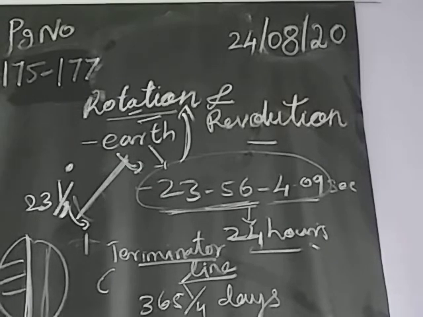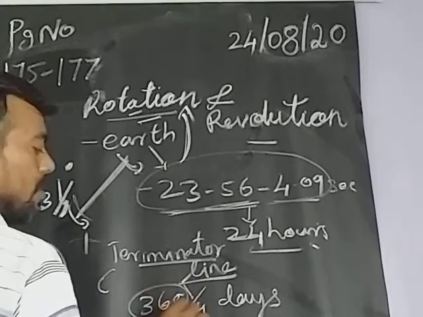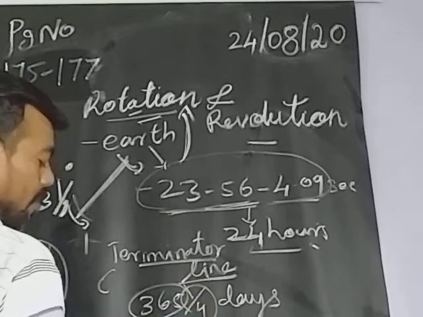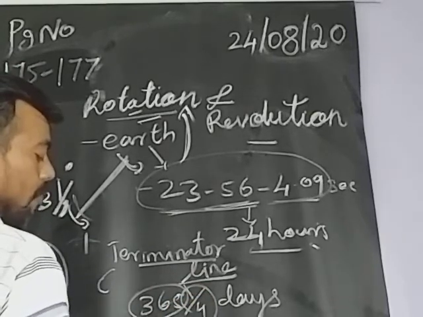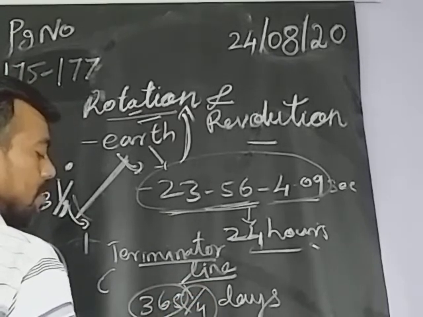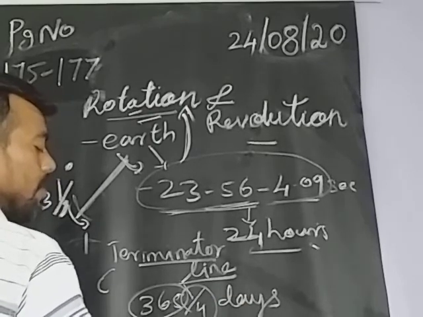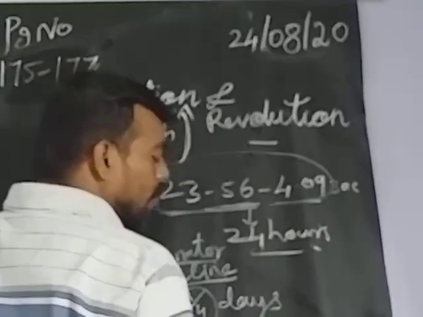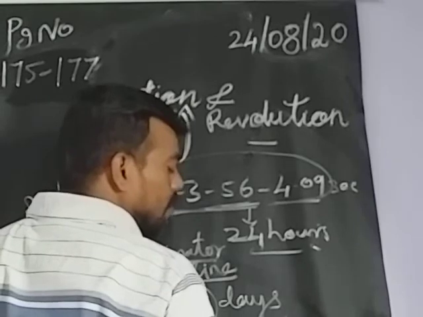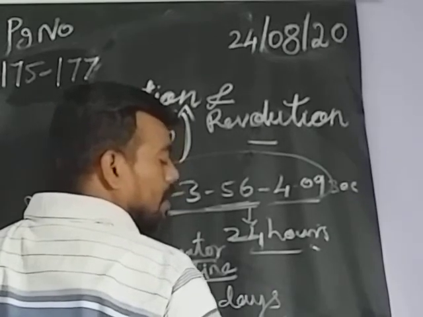But normally they calculate it as 365 alone. The 1 by 4 is accounted for once in 4 years, and that year is called a leap year.